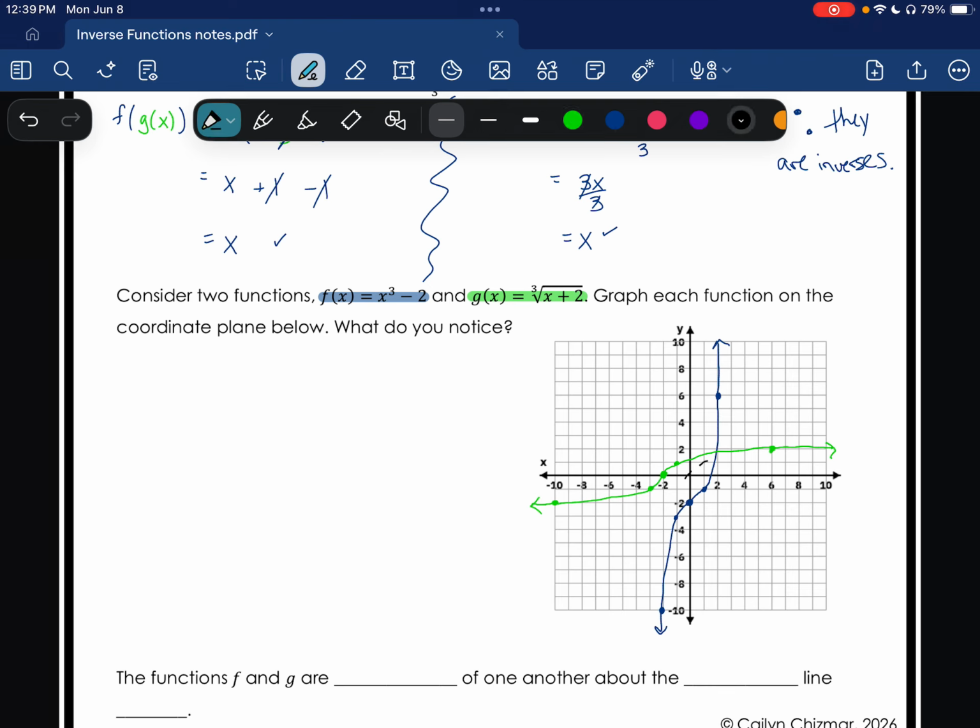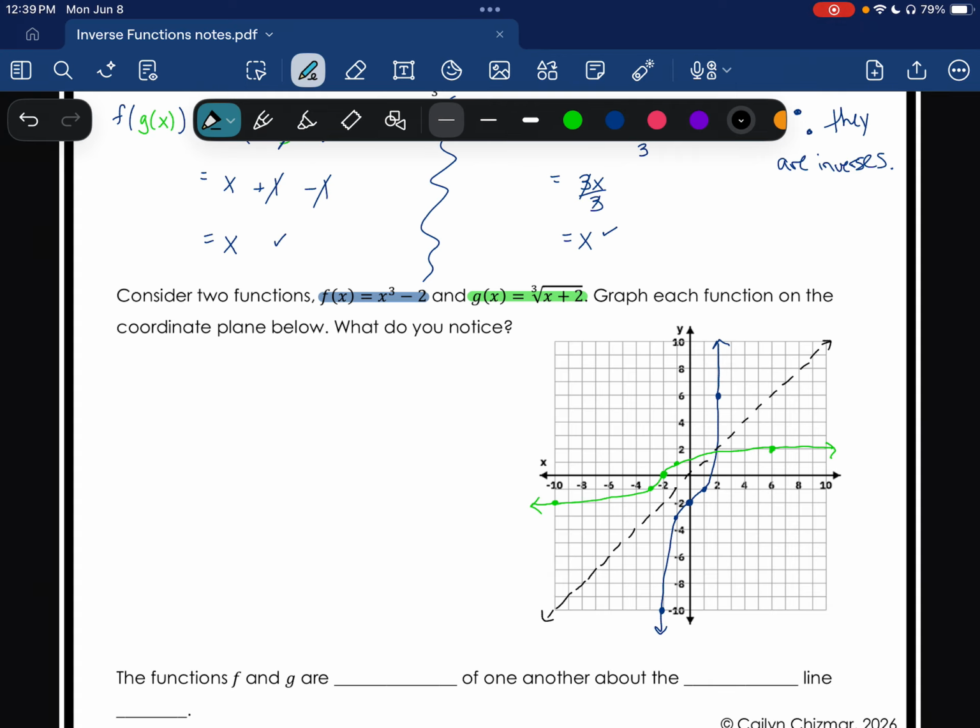If I folded this paper on that dotted line, they are reflections of one another, which is really cool, because we know that this cube root and a cubic are inverse operations, right? Cubing and cube rooting. But here we can see moving down 2 and moving left 2, how that interacts here as well.